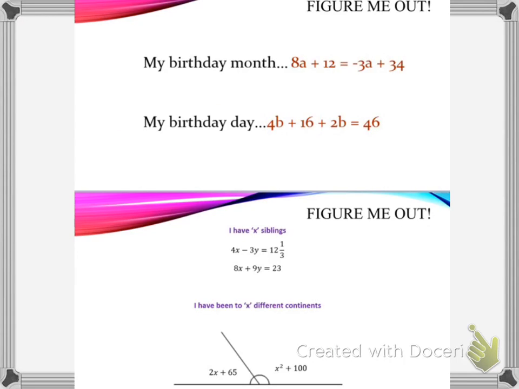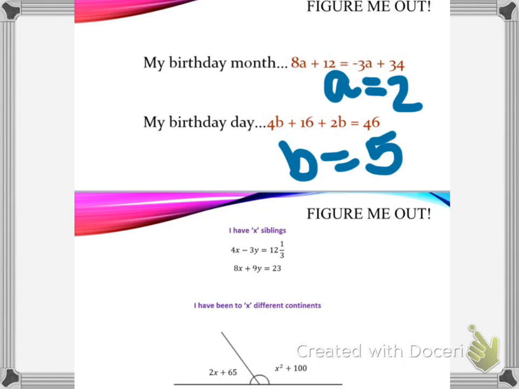And next is the opportunity for the kids to figure stuff out about me. So they'd have to solve these questions. For this first one, they should get A equals 2 for February. They should get B equals 5 for February 5th. And then here where they're solving for the siblings, this is the systems, and they should get x equals 3, and then I'd explain I have 3 brothers.